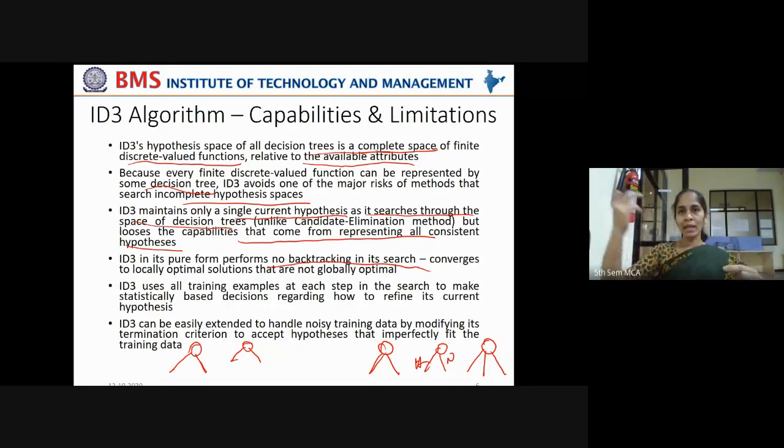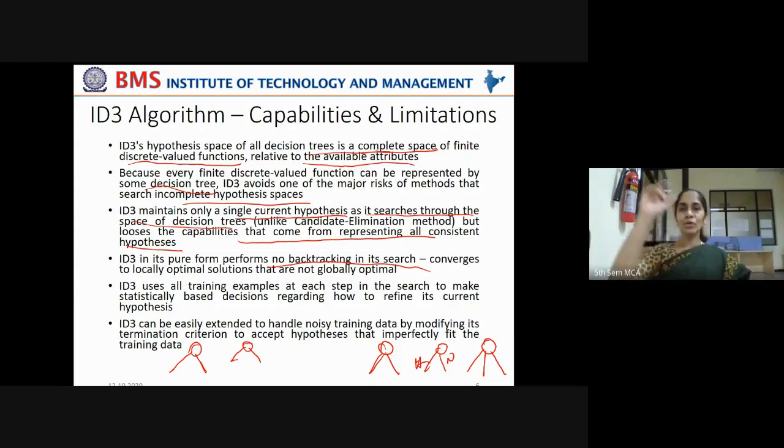Will it go back after checking humidity to see whether Outlook's information gain is lesser or greater than any of the other attributes? No, it is already calculated in the beginning itself that Outlook's information gain is more. So it has taken a clear decision that Outlook gives the better classification. Then it proceeds to the next level: humidity, temperature, and wind.